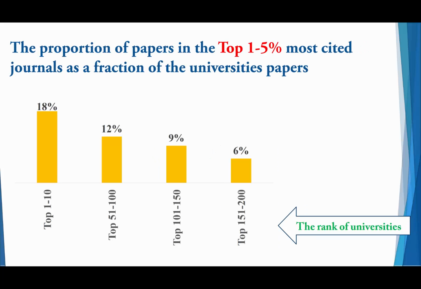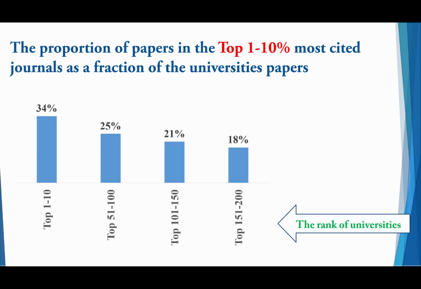In this slide, you can see that the top 1 to 10 global ranked universities publish about 18% of their papers in top 1 to 5% journals. Similarly, about 12% of papers of the top 51 to 100 global ranked universities publish in top 1 to 5% journals.